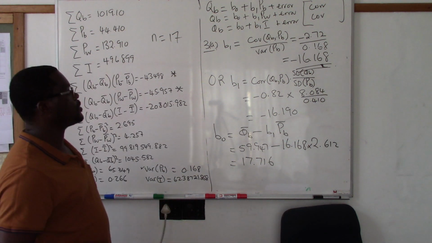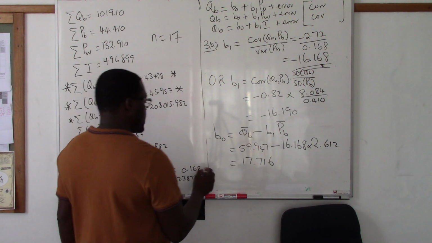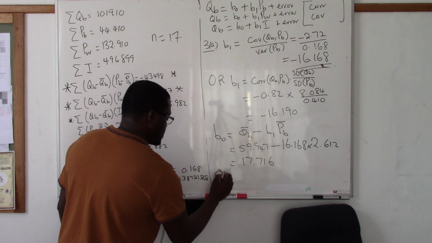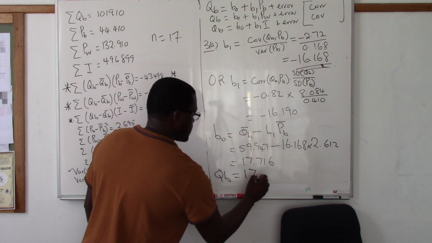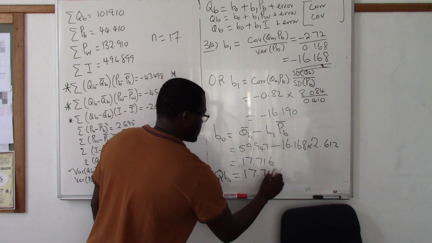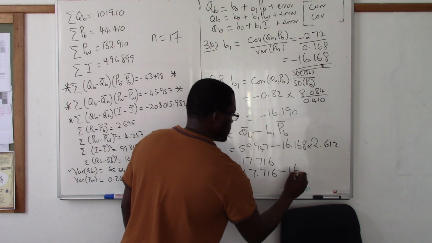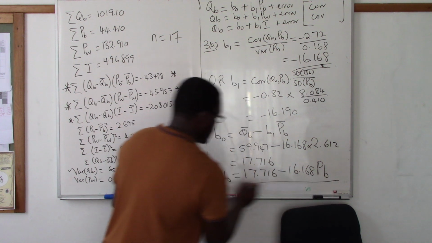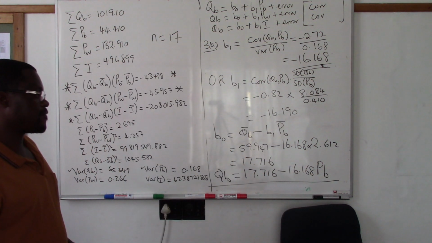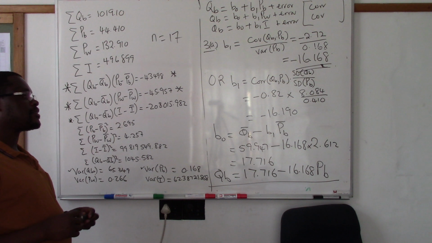So, in other words, we are actually saying that the demand function is equal to 17.716 minus 16.168 PB. That's the demand function for beer, right?